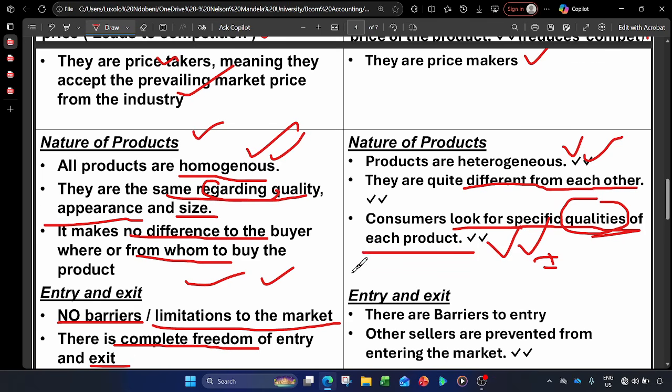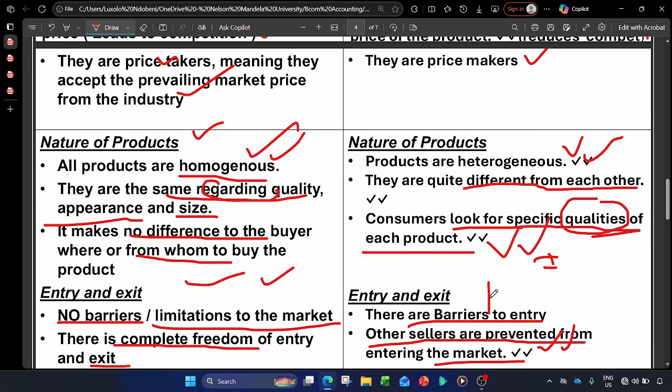But now when it comes to the imperfect markets, there are barriers to entry. There are barriers to enter the market. So what does that mean? If there are barriers to enter, that means other sellers are prevented from entering the market. So what are those barriers or restrictions? If you don't want to say barriers, you can say restrictions.